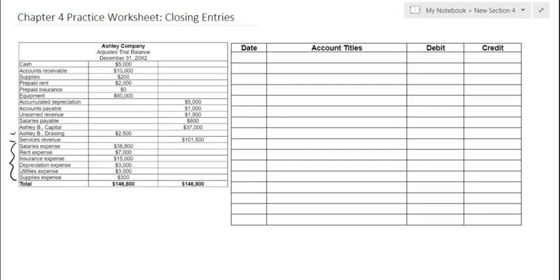So for these 4 closing entries, let's do a quick review about what our 4 closing entries are supposed to accomplish. Number 1, we are going to close all of our revenue accounts to a special account called income summary.